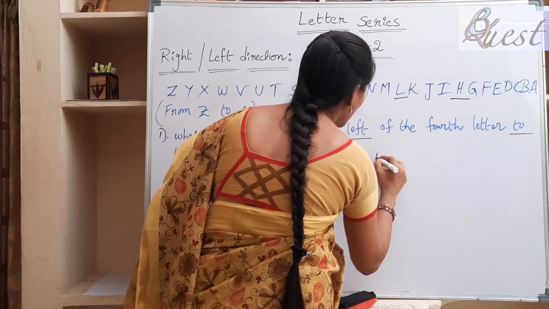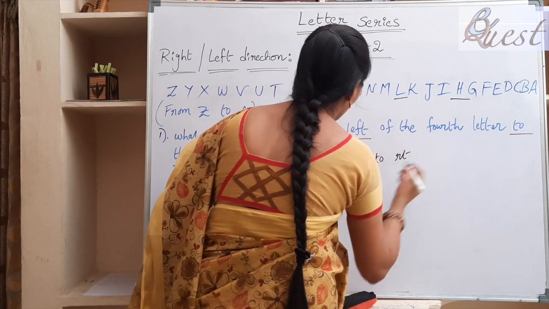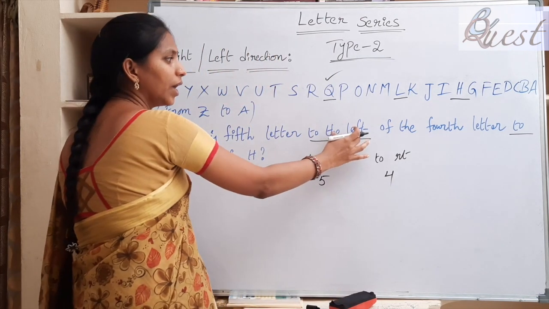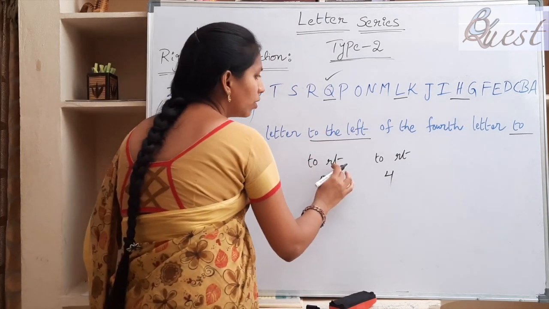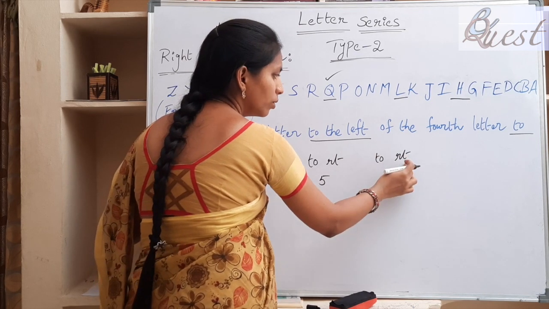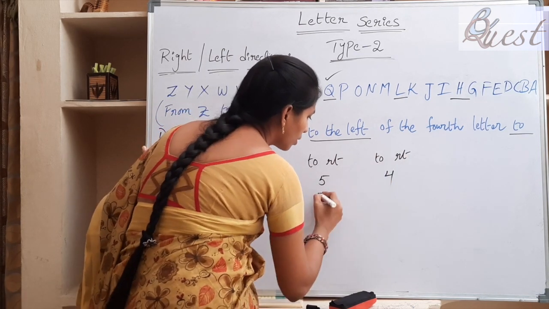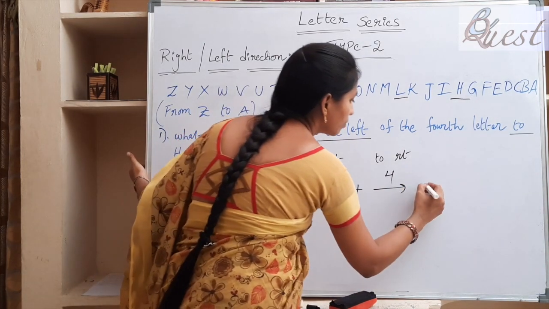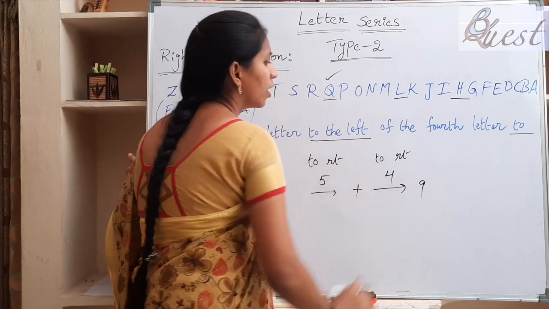To the left means again take to right. Change the direction. Then to right and to right. Addition. 5 plus 4 is 9.